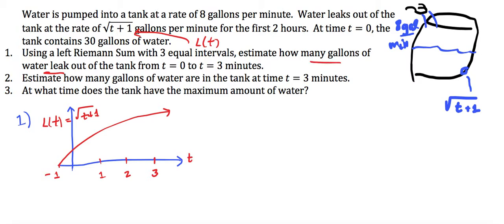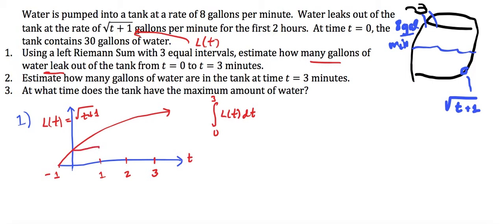We start out with gallons per minute, a rate, and we want to compute the raw amount of gallons. So that means we're going to have to take the area. The answer to number 1 is really the integral from 0 to 3 of L of t dt. It's really this area under the curve between 0 and 3, but we don't know how to do that exactly yet.